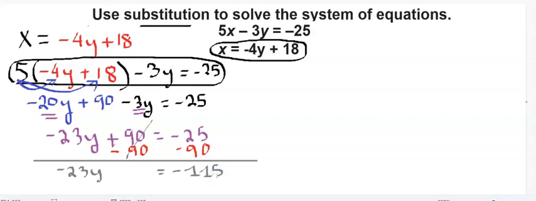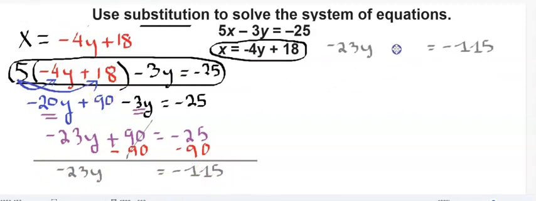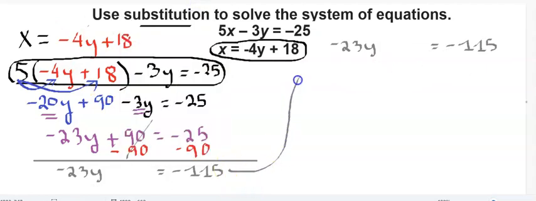So far so good. I'm going to take this whole equation and bring it over here so I can continue. To solve for y, the last step is to divide both sides by negative 23.